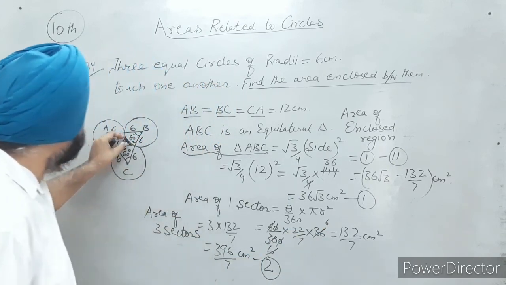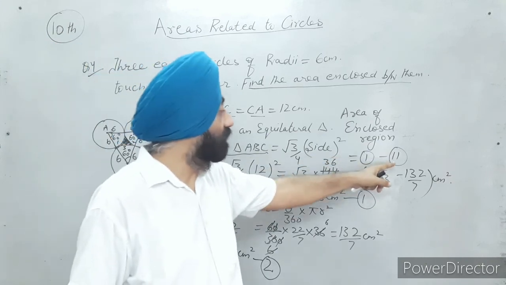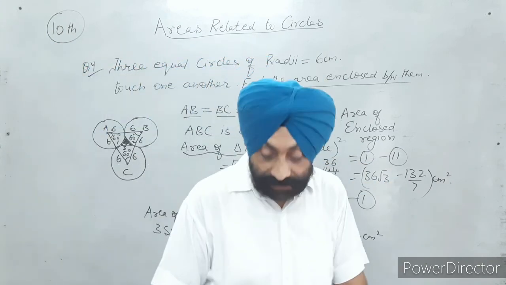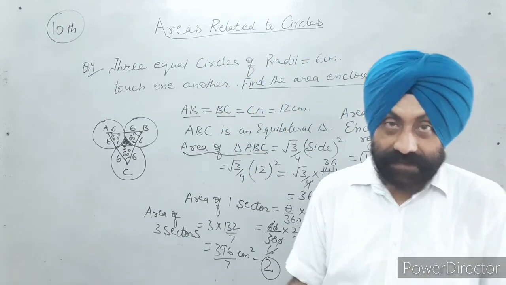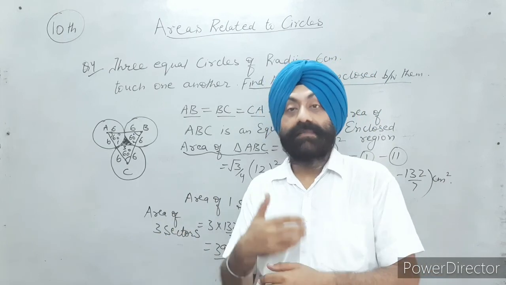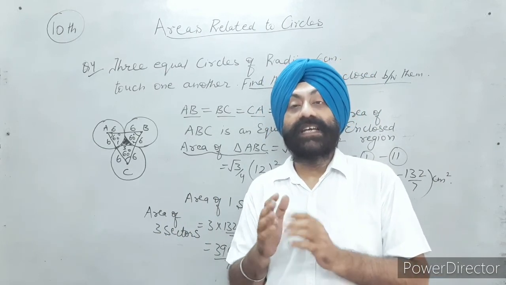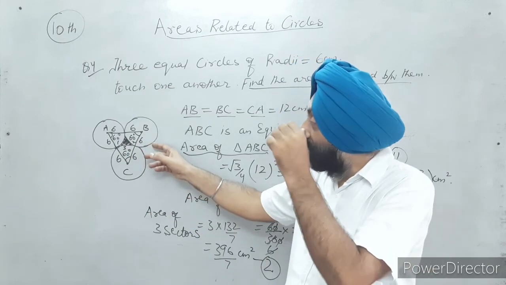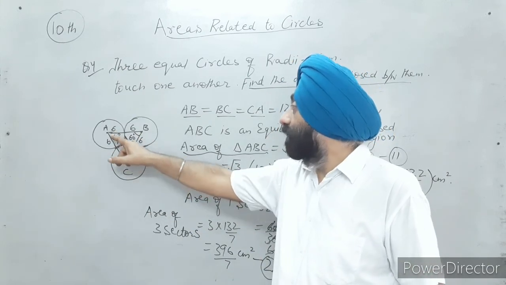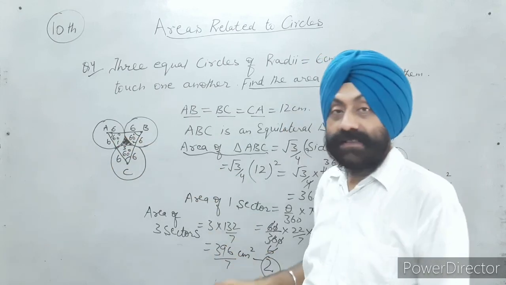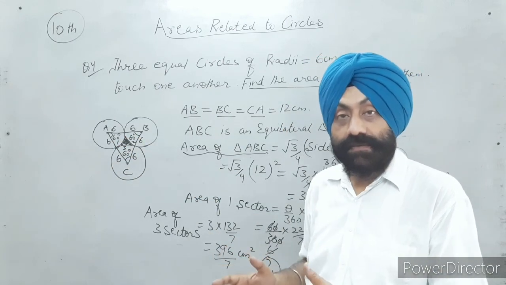Now area of this shaded region is first minus second, just subtract and get the value of area of the enclosed region. This is the end of my second lecture, in which we calculated area of major segment, minor segment, how to calculate area of the sector and so on. And this question I did, in which area of equilateral triangle was also calculated, then subtracted area of 3 sectors and find the area of enclosed region.